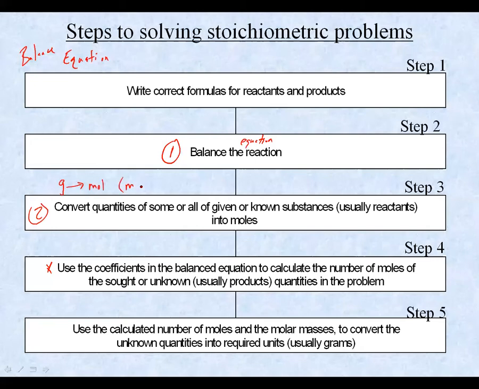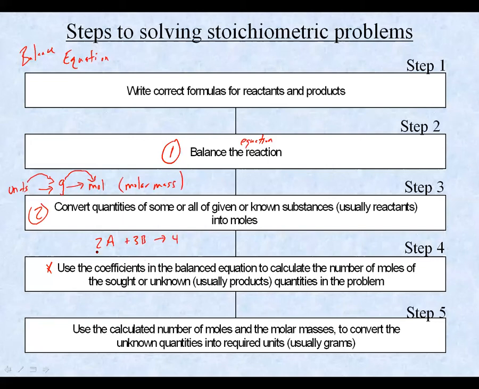From the periodic table, the molar mass is what you're going to use to do that conversion. By the way, if they happen to be in some other units besides grams to begin with, you need to take those units to grams and then go from grams to moles at this point. Again, when you get to this step, you're going to go to the balanced equation.